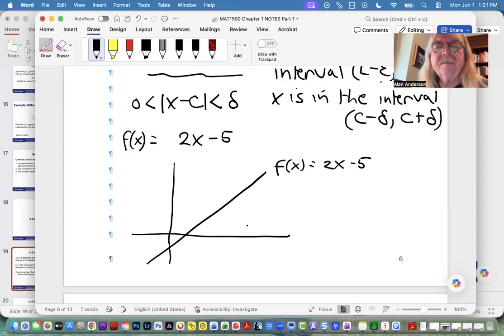Now imagine that we're interested in knowing the limit as x approaches 3.